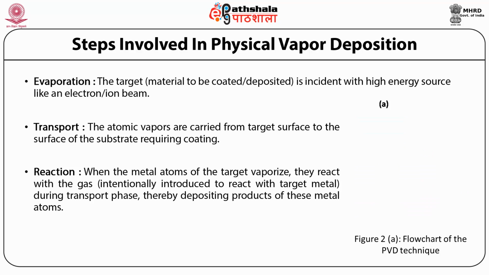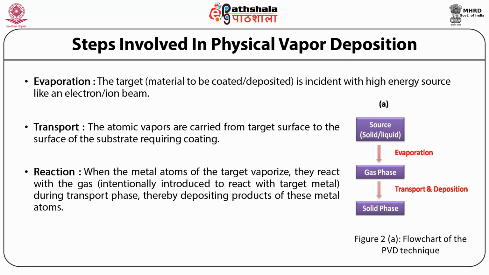The next step is the reaction. This step is introduced if the deposition is to be of compounds of target metal atoms such as metal oxides, nitrides, carbides, and the like. When the metal atoms of the target vaporize, they react with the gas intentionally introduced to react with the target material during the transport phase, thereby depositing products of these metal atoms.